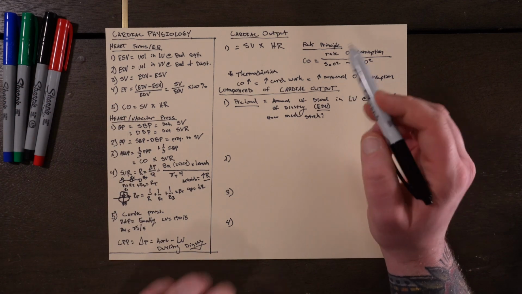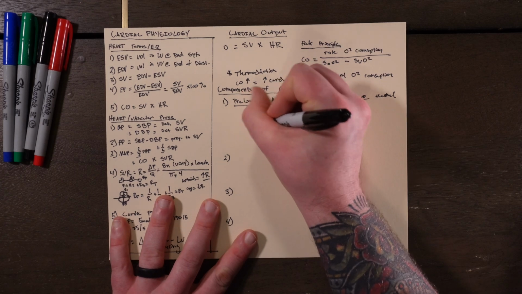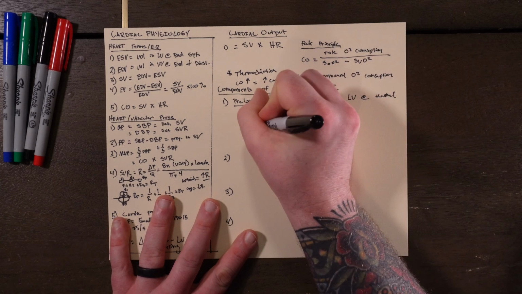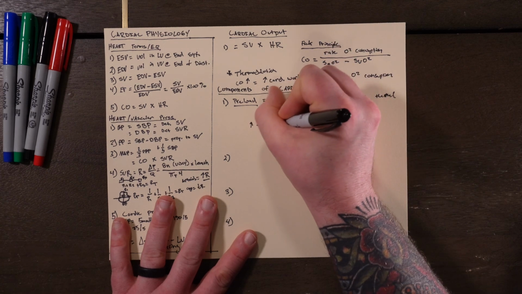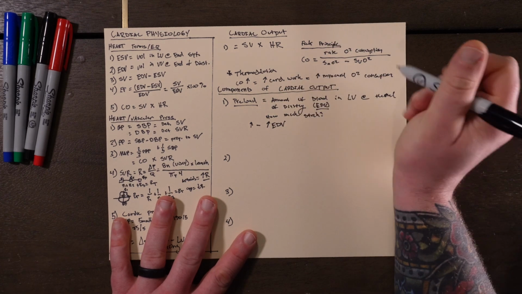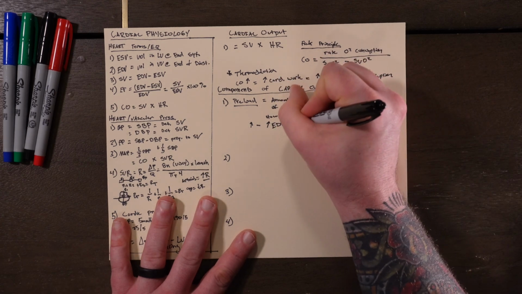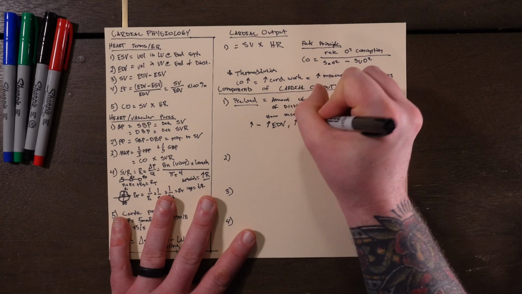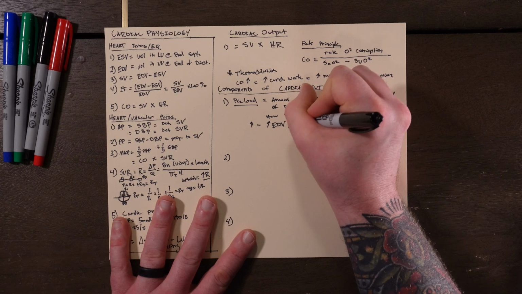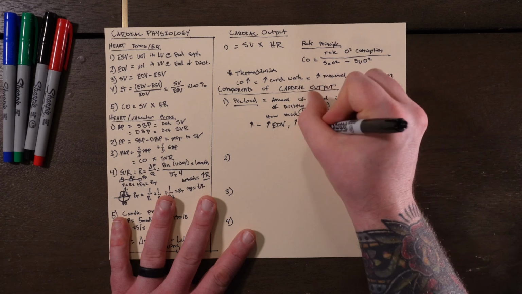Now, the reason that is important is because what happens if you increase preload? Okay, so if I increase my preload, I'm going to increase my end diastolic volume, right? If I increase my end diastolic volume, that means if my heart's functioning normally, I'm going to increase my stroke volume, right?